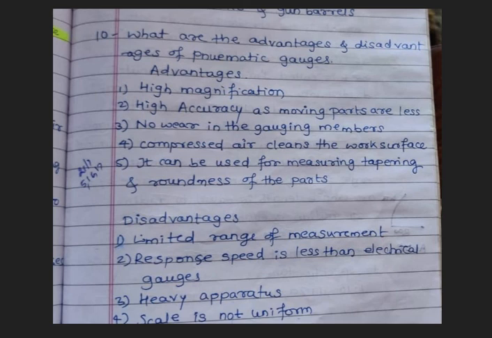Then response speed is less than electrical gauges, as electrical gauges have a higher response speed. Heavy apparatus, and the scale is not uniform. These are the disadvantages.